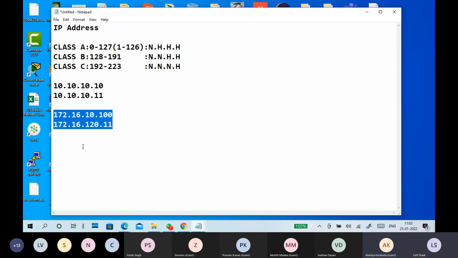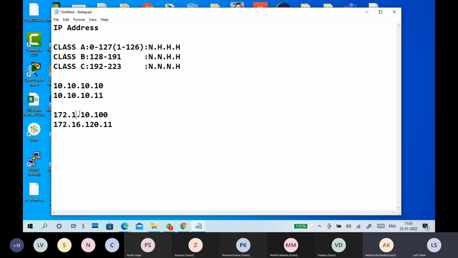So how can you tell? Because of the first two octets in this IP address. This is one PC, this is another PC, and this and this are the same. The first octet is the same, the second octet is also the same. So these two PCs can communicate with each other.